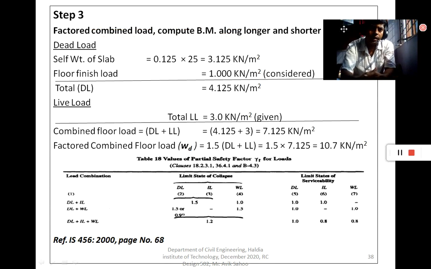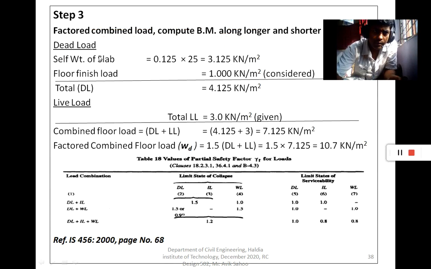Then the dead load and live load are combined, and we compute the bending moment along the longer and shorter directions. Dead load is the self weight, which is a permanent load, so it is treated as dead load.